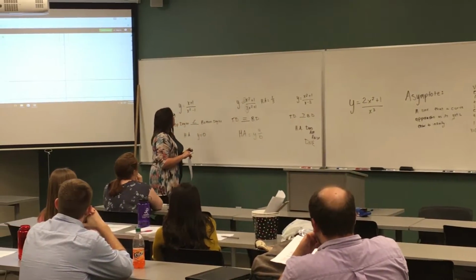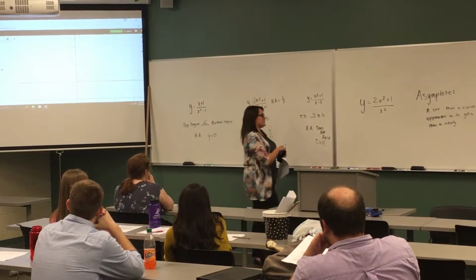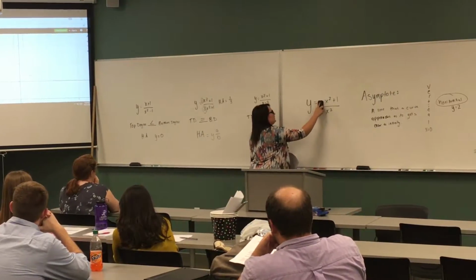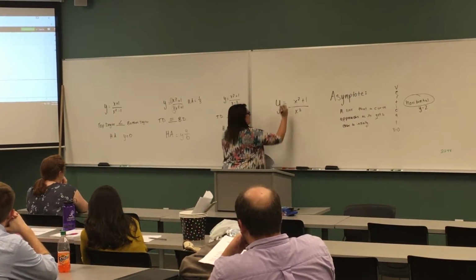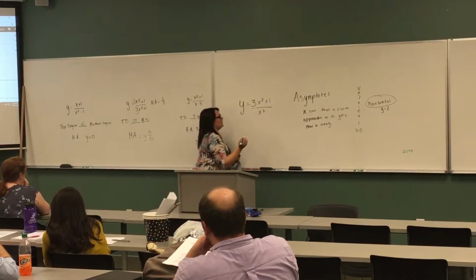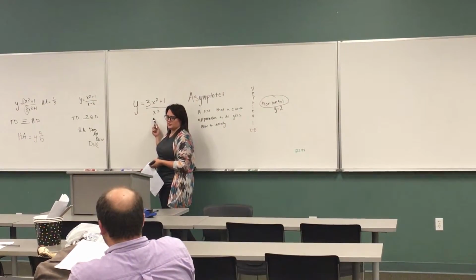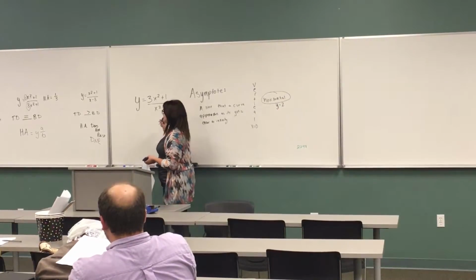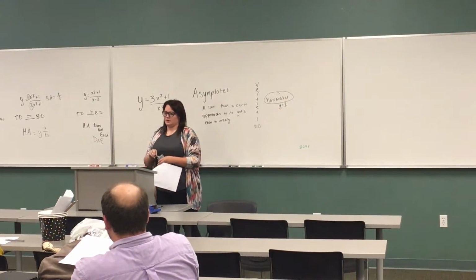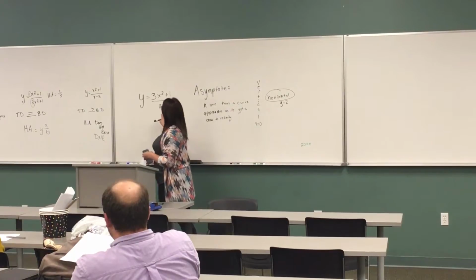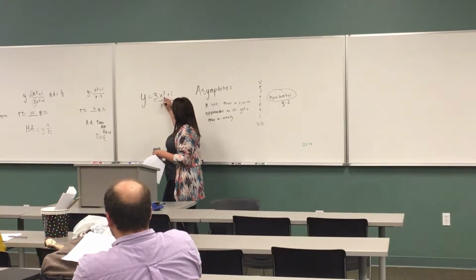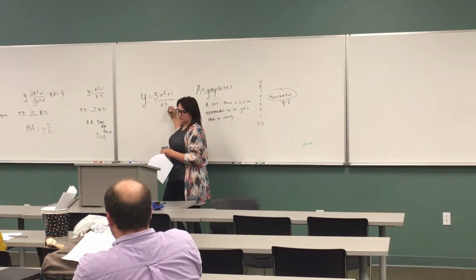So let's look back at our example that I gave you a second ago. What would the horizontal asymptote of this function be? 3. Good. Why is that? Right, it falls under the category of the powers being equal.